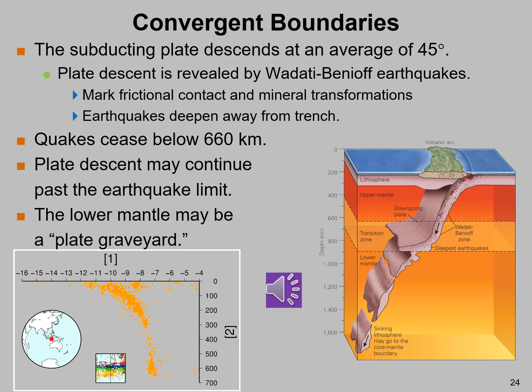Differential motions along the zone produce numerous earthquakes, the foci of which may be as deep as about 660 kilometers or 420 miles. It has been suggested that the plates are consumed or assimilated in the lower mantle.